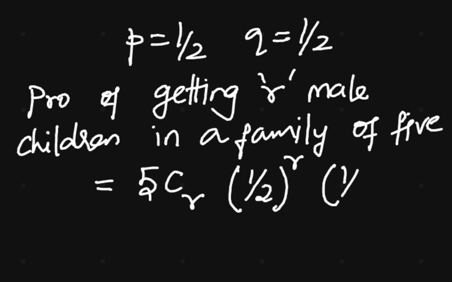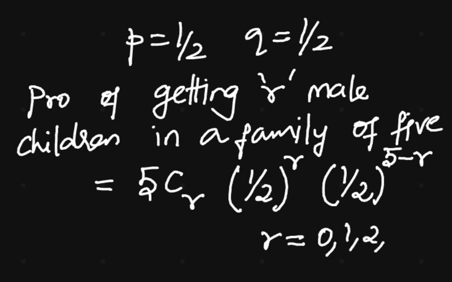It is also 1 by 2, 1 by 2 whole to the power n minus x. That is the formula. What is my small letter n, which is 5, so 5 minus r. And r can be either 0 or 1 or 2 or 3 or 4 or 5. Either it can be 0 male children or 1 male child or 2 or 3 or 4 or 5.